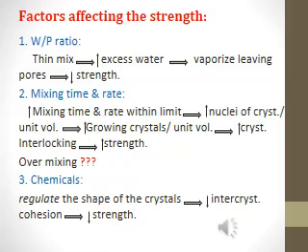So increasing the nuclei of crystallization per unit volume will increase the growing crystals per unit volume and increase the crystalline interlocking. When you increase the number of growing crystals per unit volume, these crystals will interlock with each other during their growth, and their interlocking is more. So when the structure has interlocked crystals, this means that the strength will be higher.